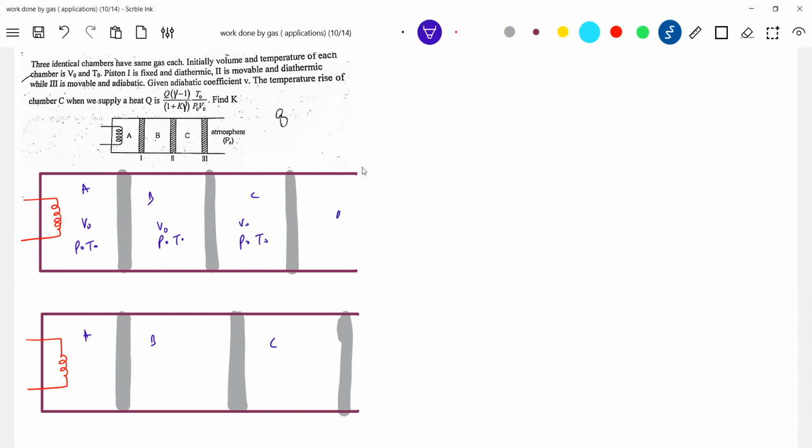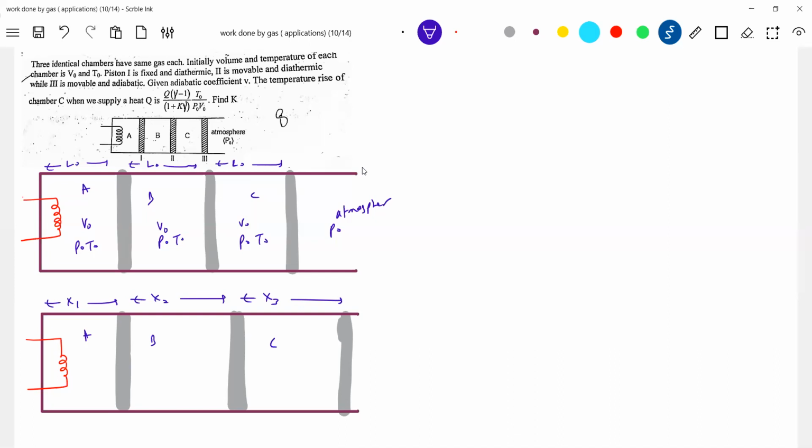And here also atmosphere is present, so the pressure will be P naught. There's a condition. So initial length, let it be L naught. Finally, the length of this be X1, length of this be X2, length of this be X3.